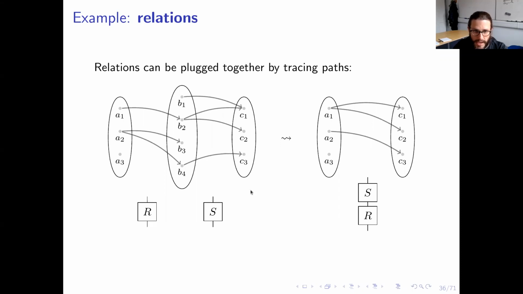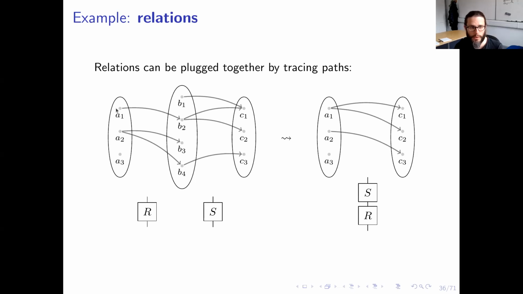And then here's a relation S, which relates B1 to C1, B2 to C1 and C2, B4 to C3. Now what do I get if I plug R into S? This is like composing 2 relations. I get another relation. This relates A1 to C1 and C2.